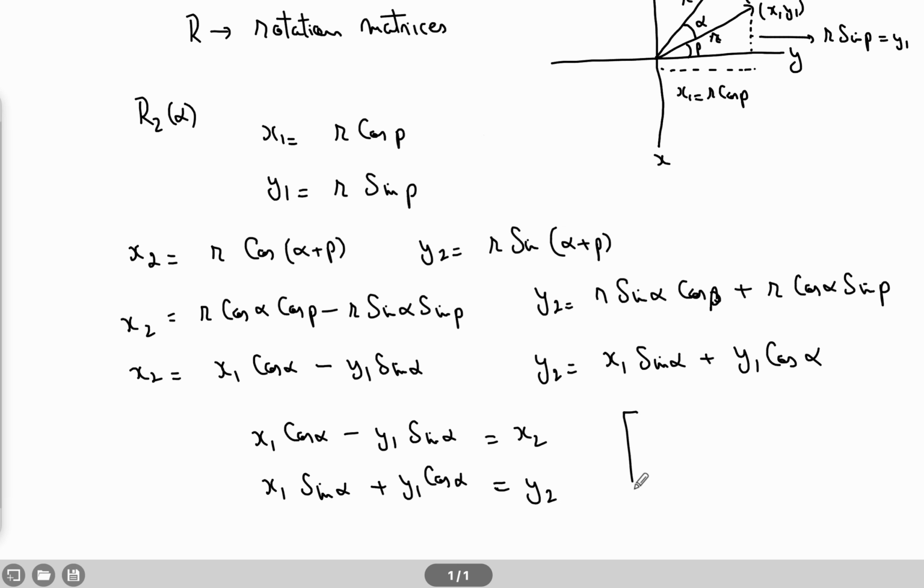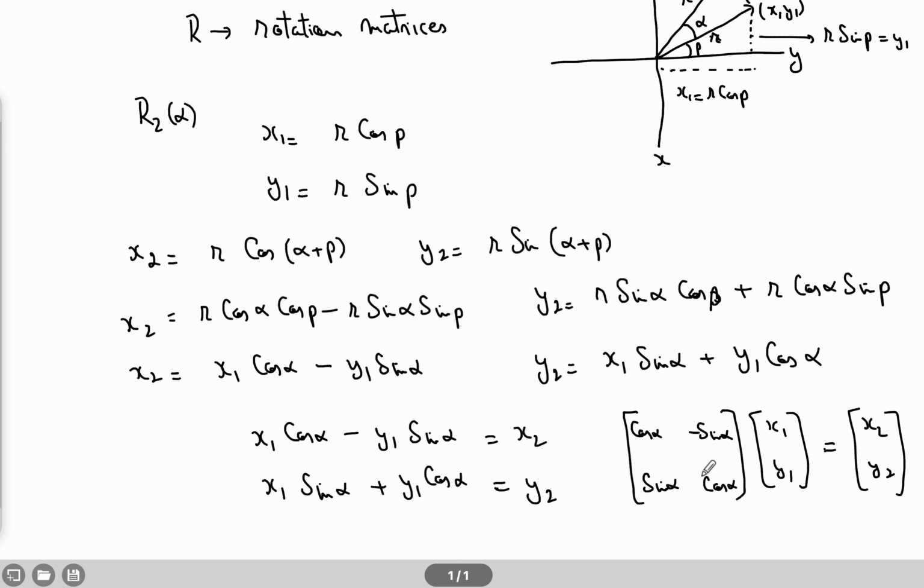So what I can do is I can just convert this into matrix. So this is cos alpha minus sine alpha, and this is sine alpha cos alpha, times x1 y1. This is the initial position, and this is the final position of the vector x2 y2, right?